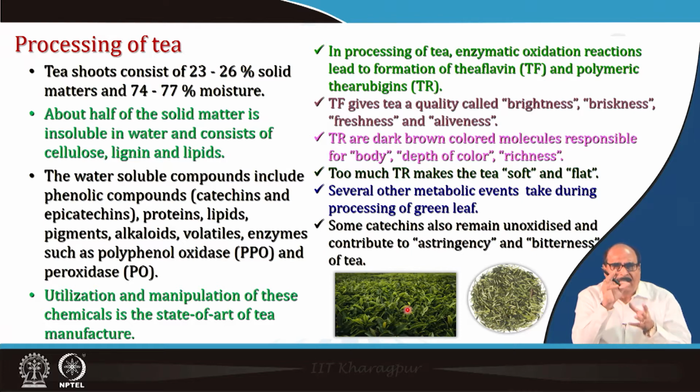Of the solids, half is insoluble compounds, consisting of cellulose, lignin, lipids, etc., and the remaining half consists of water soluble compounds like phenolic compounds, catechins, epicatechins, proteins, lipids, pigments, alkaloids, and enzymes like polyphenol oxidase, peroxidase, and so on.